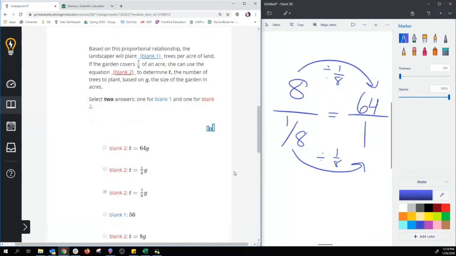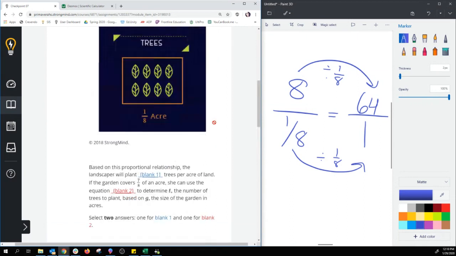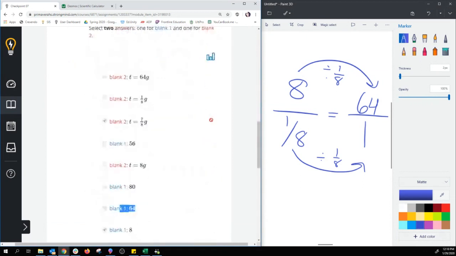All right, and then blank 2 says if the garden covers 7/8 of an acre, she can use the equation blank to determine the number of trees to plant based on G, the size of the garden. Well, which one of these equations uses our unit rate?